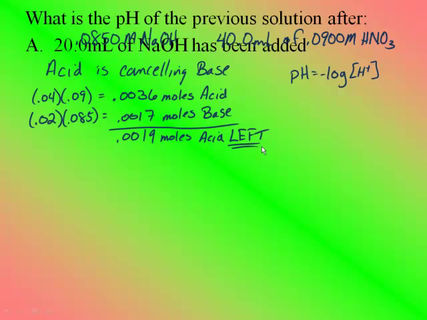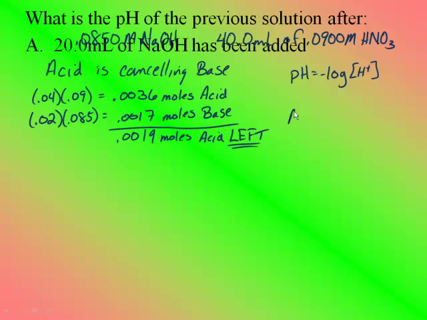So that's what's remaining after I added my base, and I can see that because the base doesn't equal the acid. That's the number of moles of acid that I have left. That's not the molarity. I cannot stress that enough. This is the number one mistake that people make, they say, oh, moles is molarity. No, it's not. It's the moles.